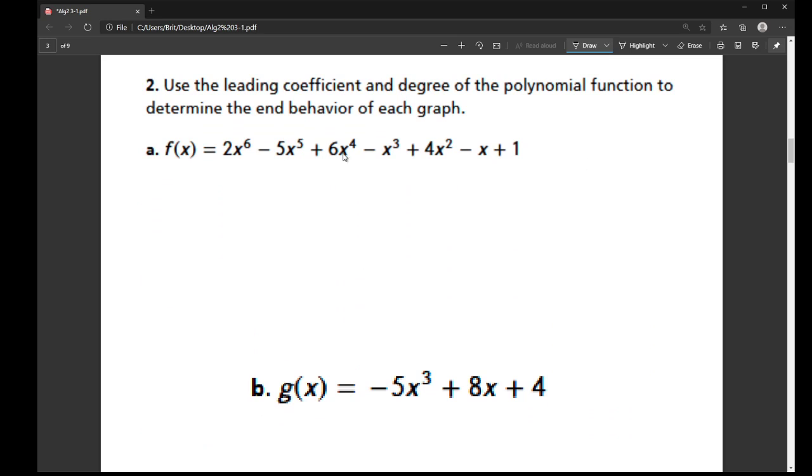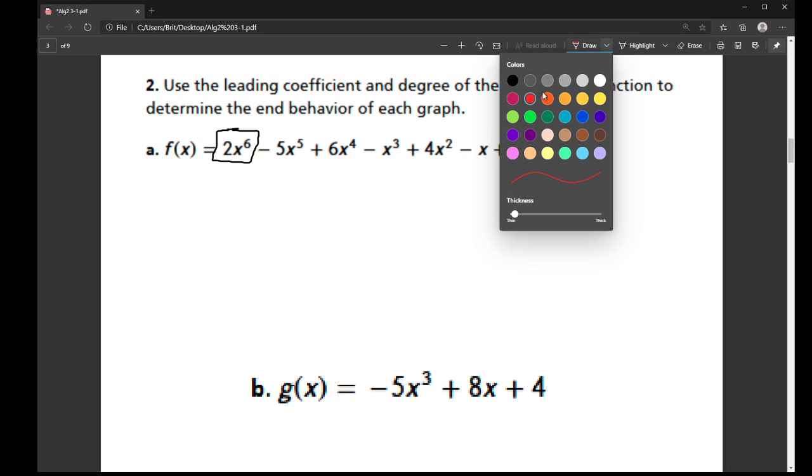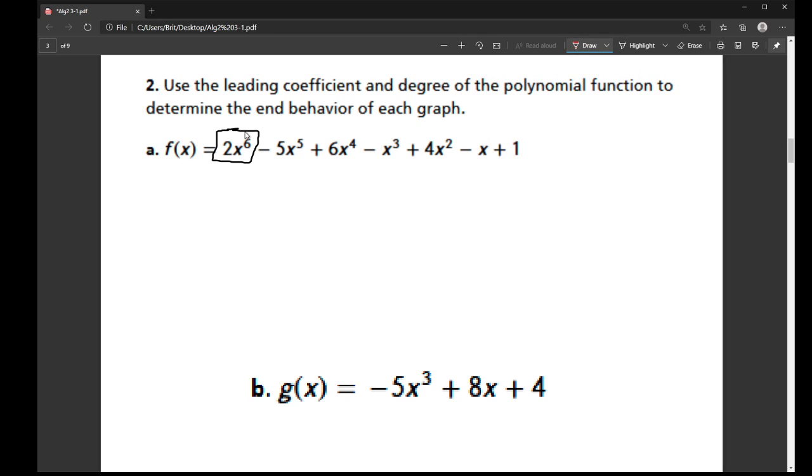So let's go ahead and take a look at this. So we have this big, huge polynomial, which seems really intimidating. But remember, all that we care about is this leading stuff. Alright, that first part. So first we check out our leading coefficient. Our leading coefficient is a 2, which is a positive value.